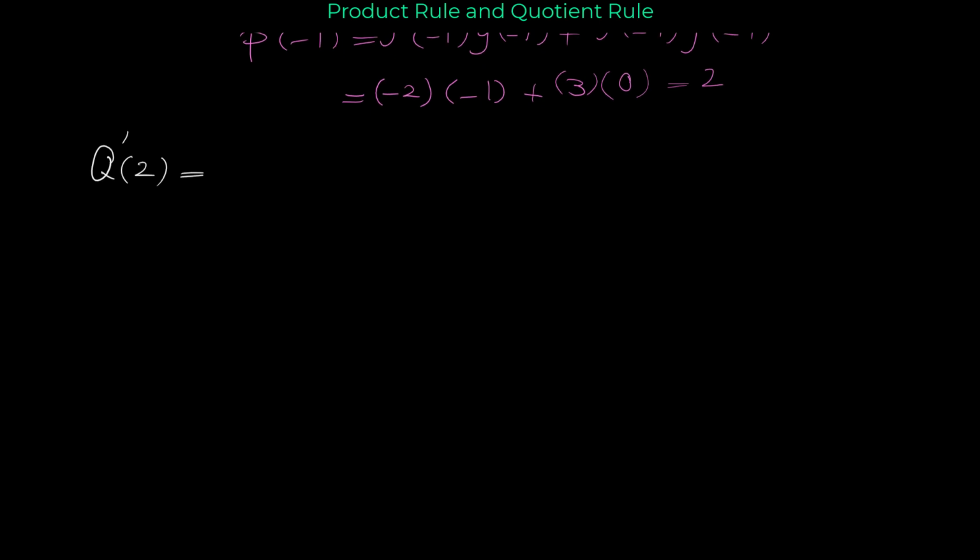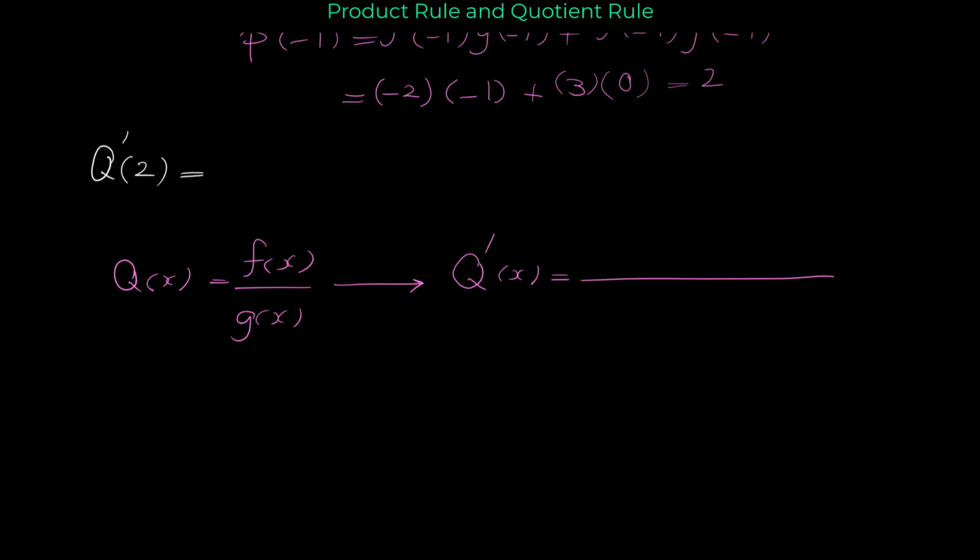Now let's see how we can find q prime at 2. If you remember, q is basically f over g. For finding q prime, derivative of q, we have to use quotient rule because we have f of x over g of x.